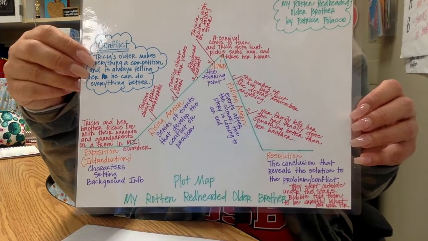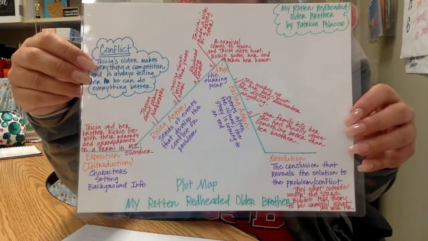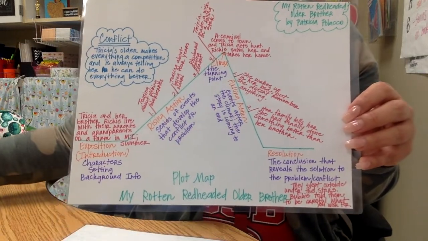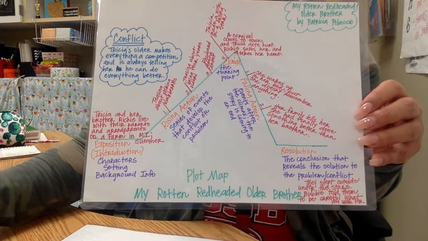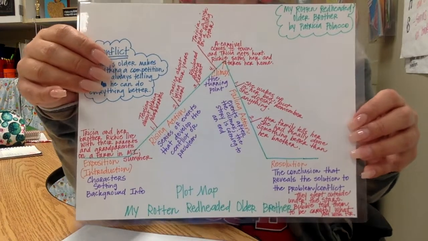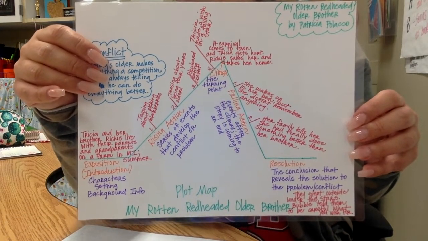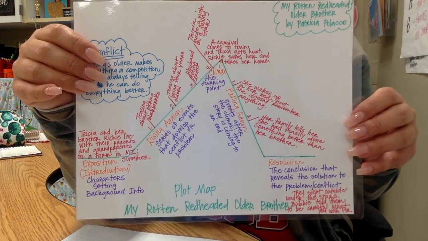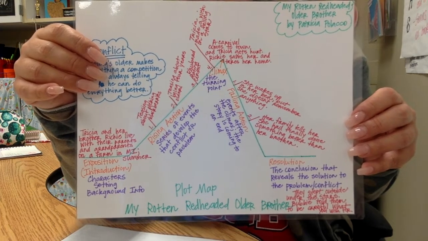Okay, so with your assignments this week, you are going to complete page 43. I believe that's the only one I put in your assignments tab. And you're going to analyze the setting and sequence of events, okay?